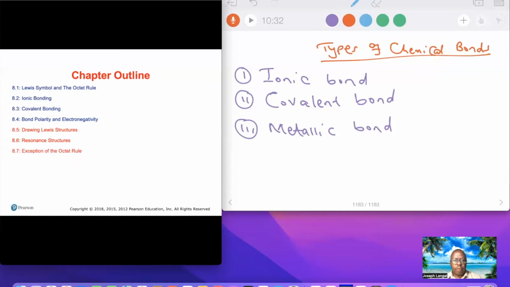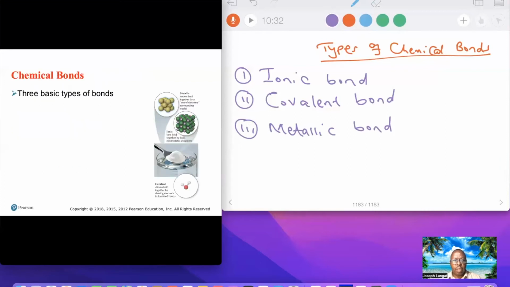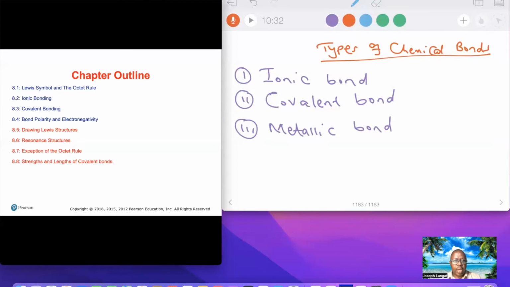The exceptions to the octet rule, there are three basic exceptions to the octet rule in drawing Lewis structures. And lastly, we look at the strength and length of covalent bonds. By then, you should be able to define or differentiate the three types of bonds: ionic bond, covalent bond, and metallic bond.